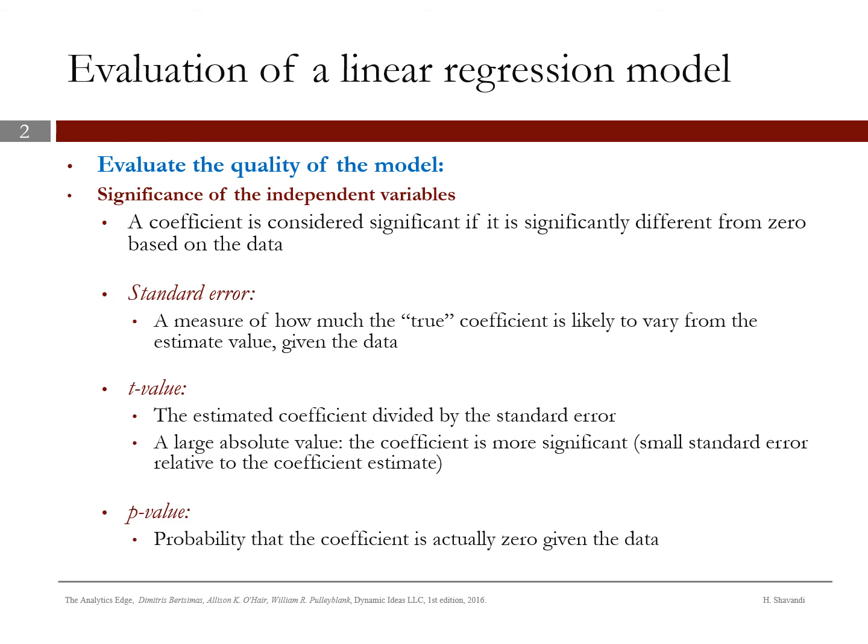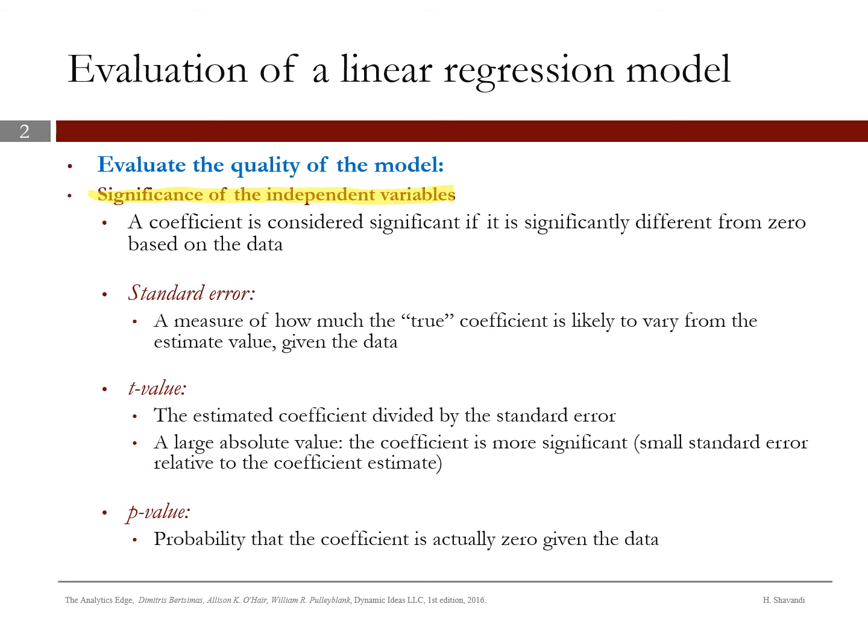After building a linear regression model, we need to evaluate the quality of the model. So the first step here will be evaluating the significance of the independent variables. When we have k independent variables, it doesn't mean that we need to have all k variables in our model.